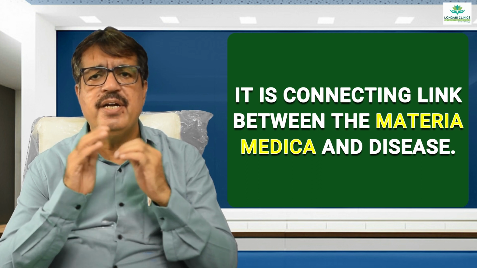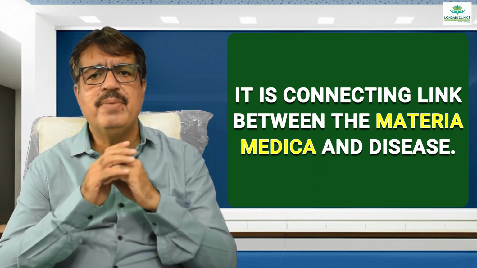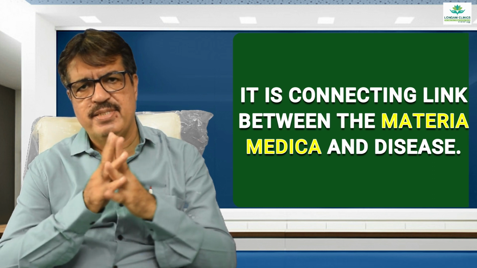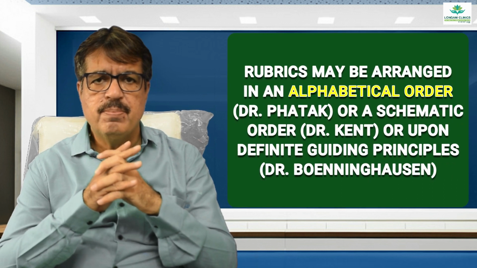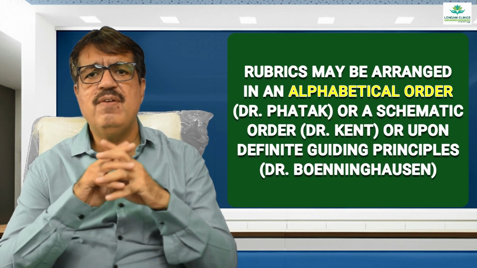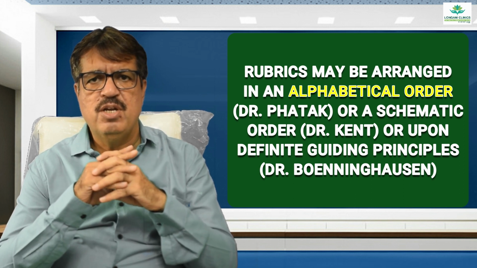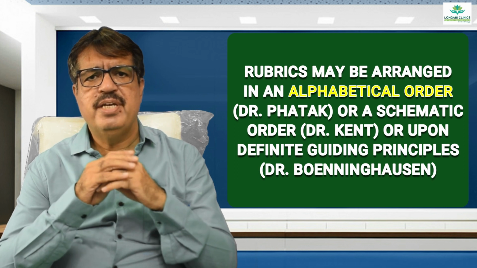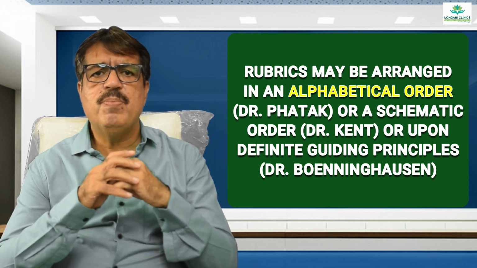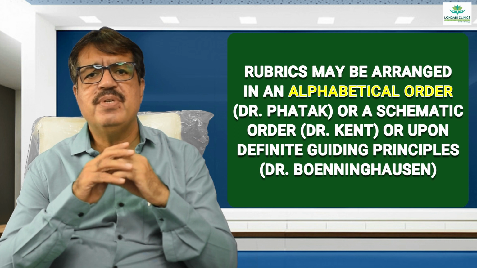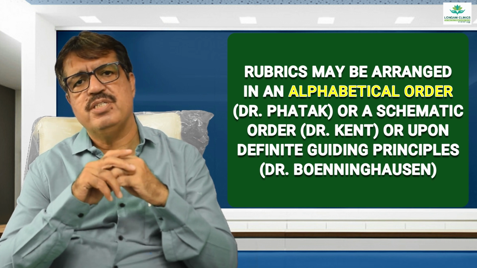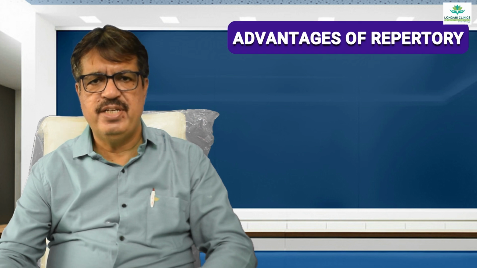Repertory is the connecting link between the Materia Medica and disease. Rubrics may be arranged in an alphabetical order, as we'll see in Dr. Phatak's repertory, or schematic order, Kent's repertory, or upon definite guiding principles, Dr. Boenninghausen. Now we will see the advantages.